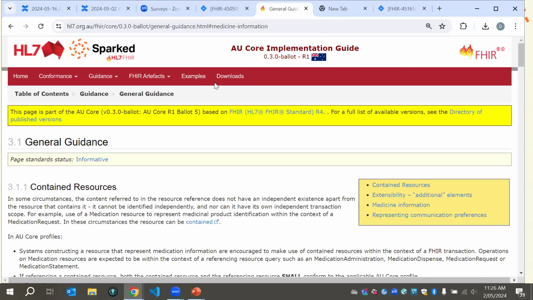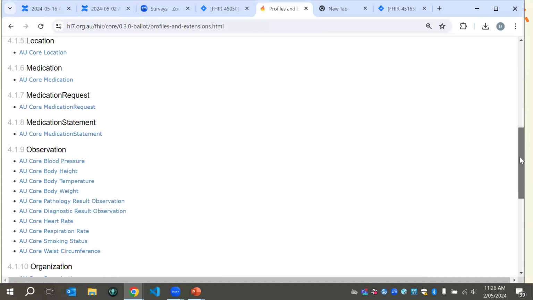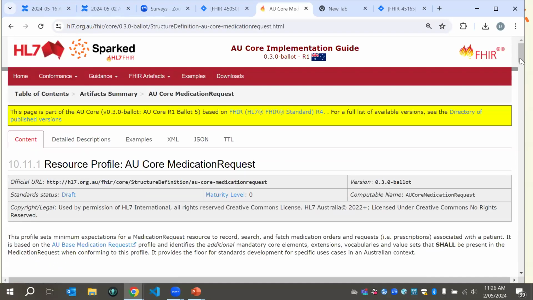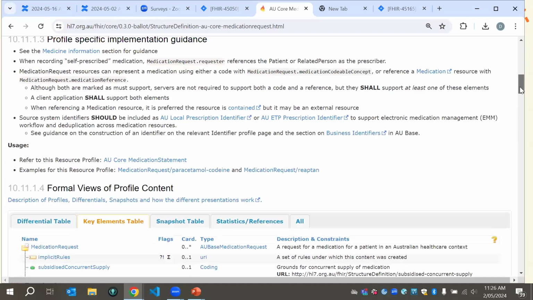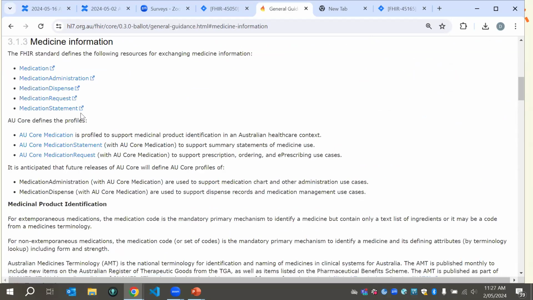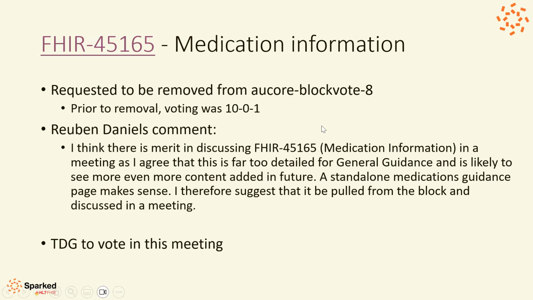So I guess that part wouldn't change. So if we pop to a profile, there is a link underneath profile here that goes to that. So that goes to the medicine information page. So Ruben, did you want to talk to the points for bringing this to the technical design group?